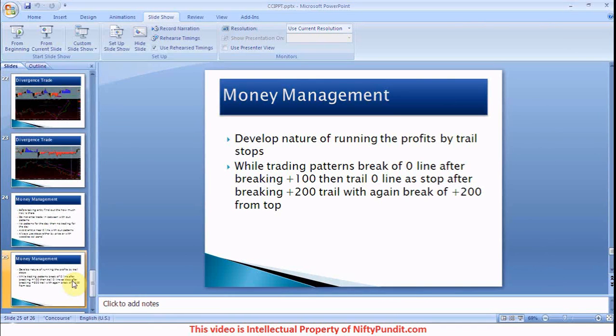That means you have to run your profits with discipline. Book partials, at the second level book the full one, come out of the trade and look for the next pattern that becomes available. Till then, say thanks to Woodies. This is how we can trail the stops and run the profits.